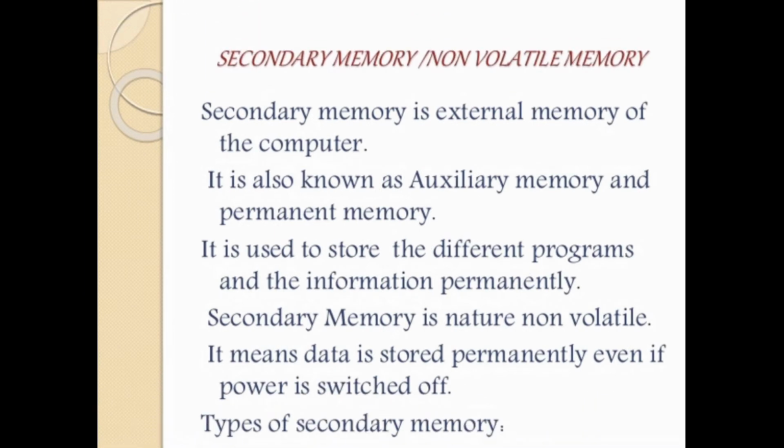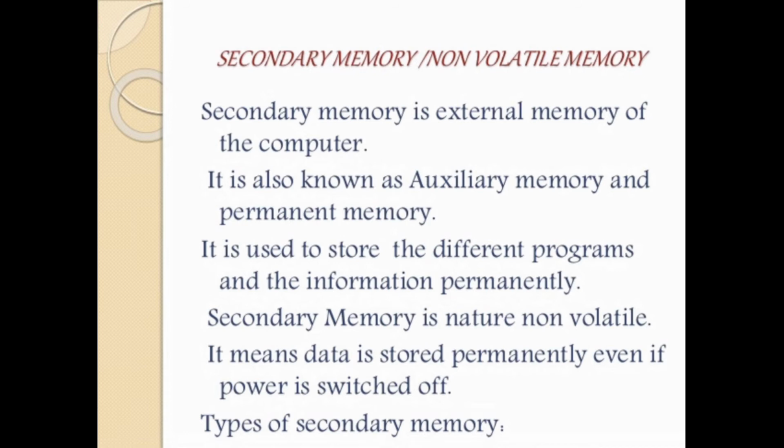Now move to the second type of computer memory, that is external memory, secondary memory and non-volatile memory. All are the same thing. Anyone knows what is secondary memory? Now see here. The external memory or the secondary memory works differently from the internal memory.